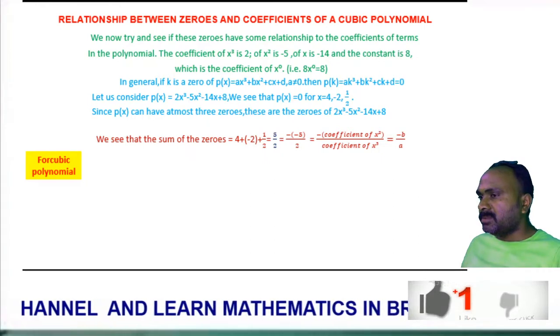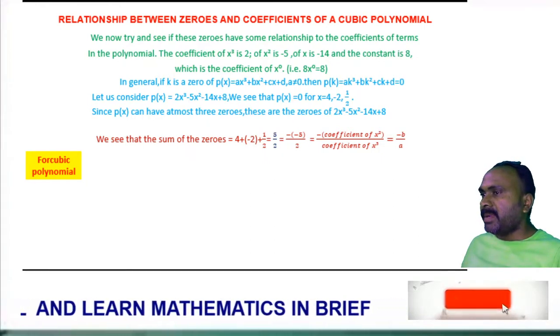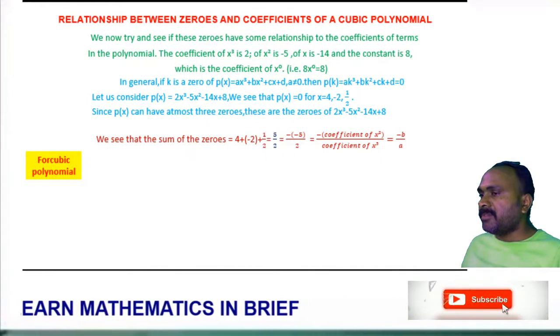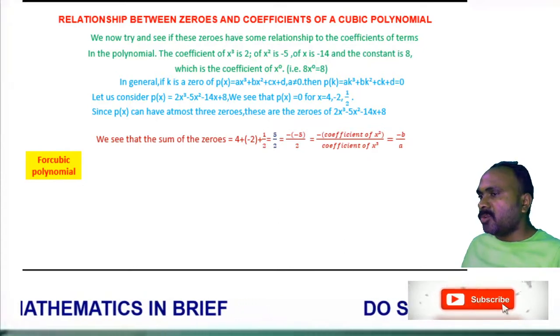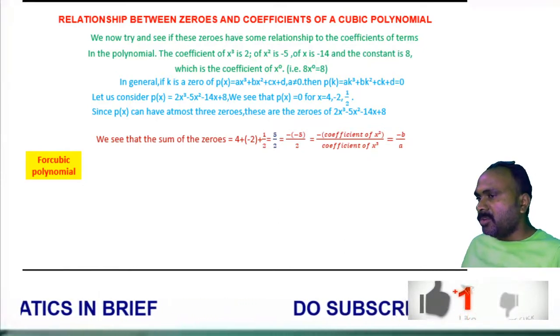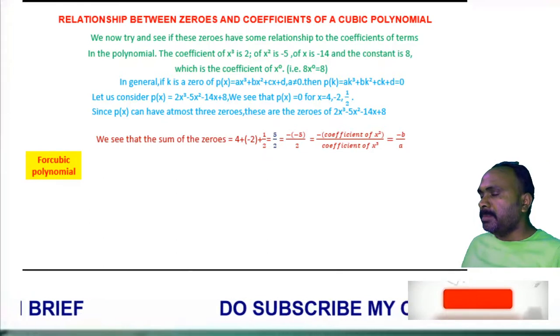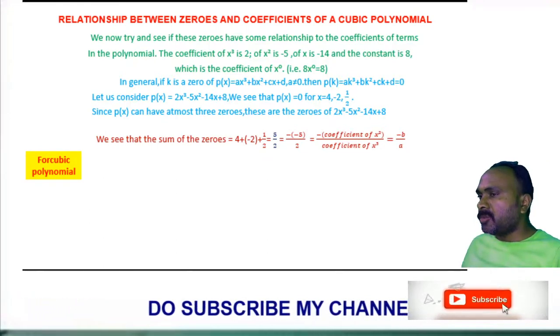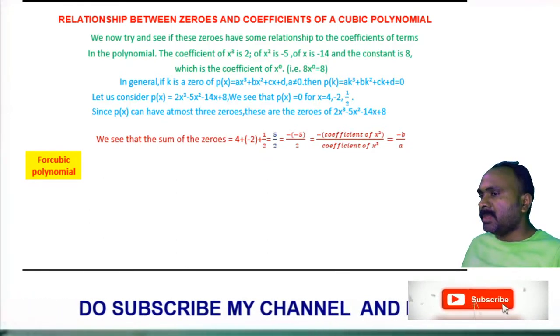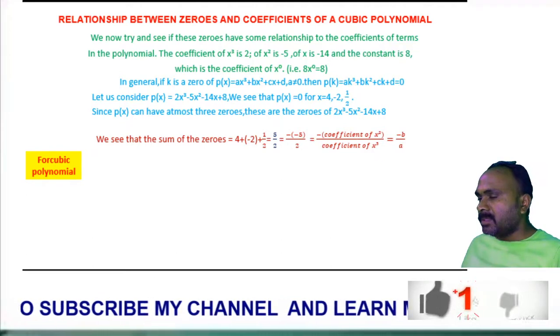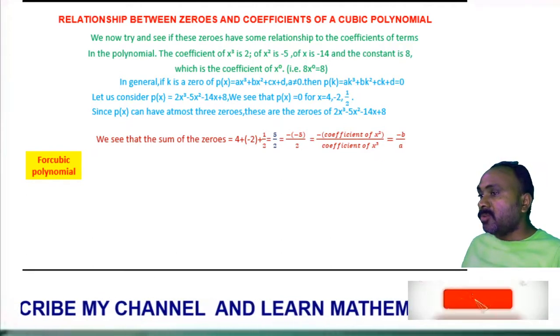Here minus 5 is the coefficient of x square, so it is minus coefficient of x square by coefficient of x cube. Here the coefficient of x square is b, and the coefficient of x cube is a.